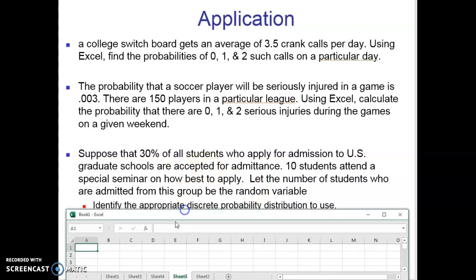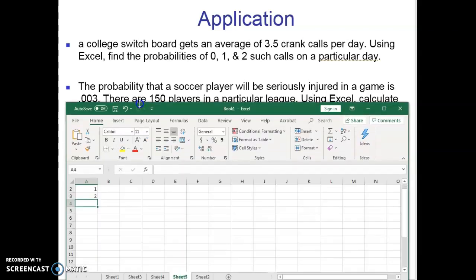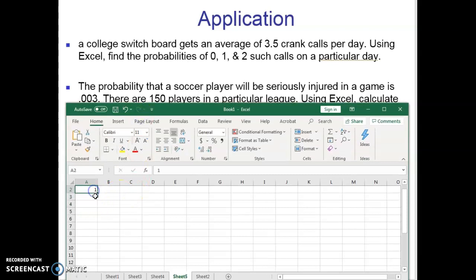Okay. And we use the same process. So in our first column, we're going to put the possibilities. We could get 0 students that are admitted, 1 student, 2 students, all the way to, let's see here, 10 students, right?